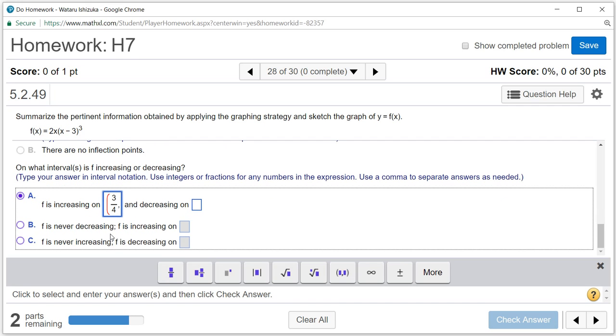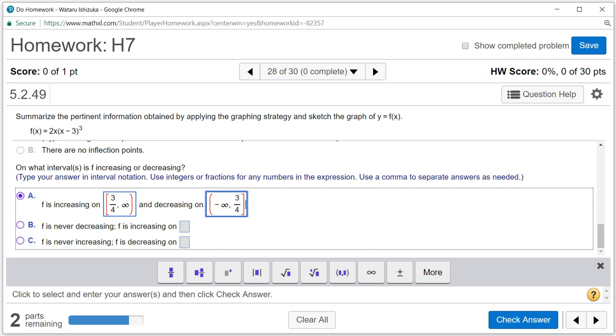to infinity. I'm going to put the bracket here since we can include it, and decreasing up to 3/4, so it's going to be negative infinity to 3/4, including that.